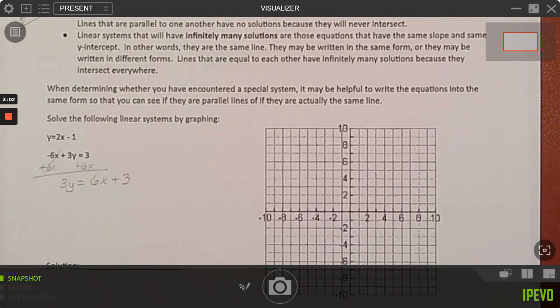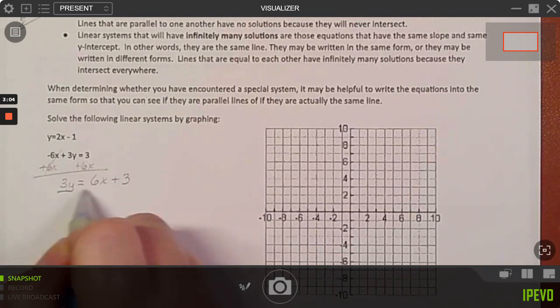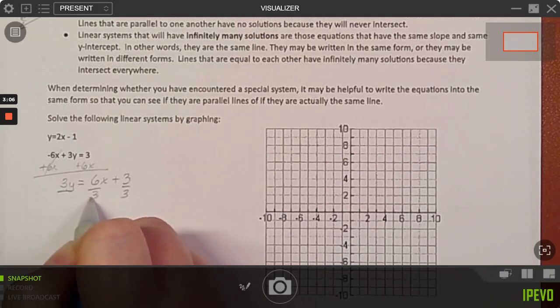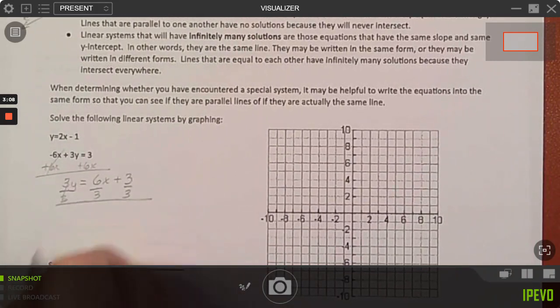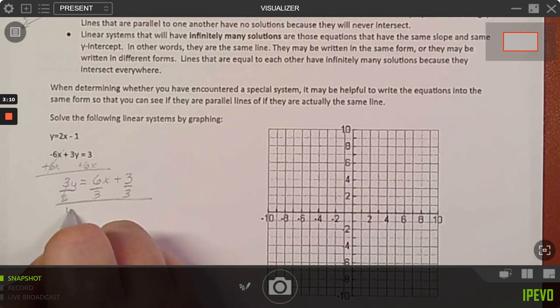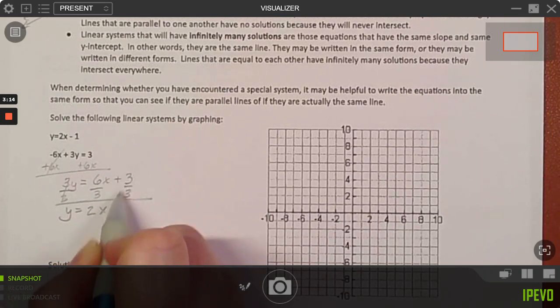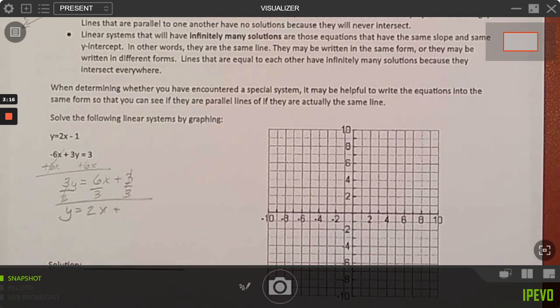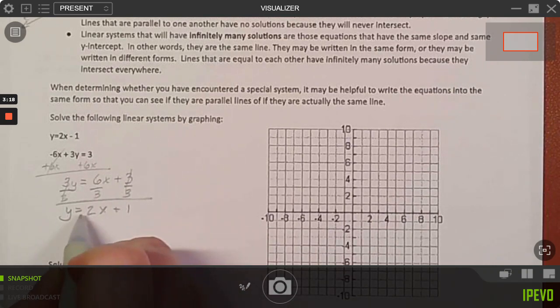So 3y equals 6x plus 3, and then we divide each term by 3. 3 divided by 3 is 1, so we get y equals 6/3 is 2, so 2x plus, and 3 divided by 3 is 1. So y equals 2x plus 1.